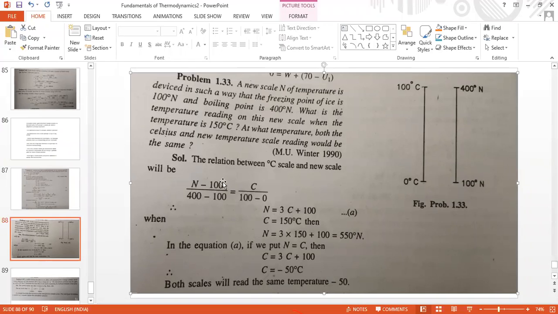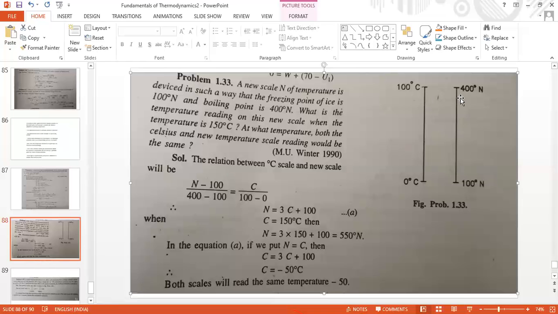What is the new scale? It is shown by N. So it is C minus 0 divided by N minus 100.